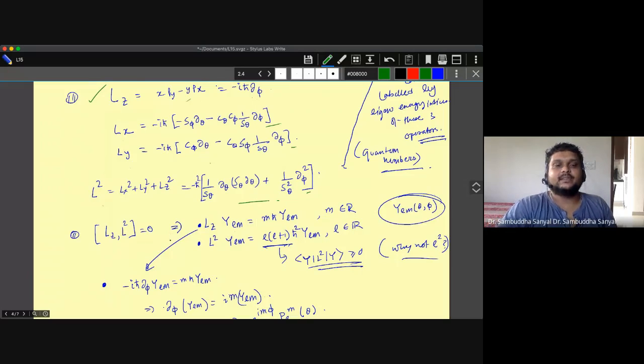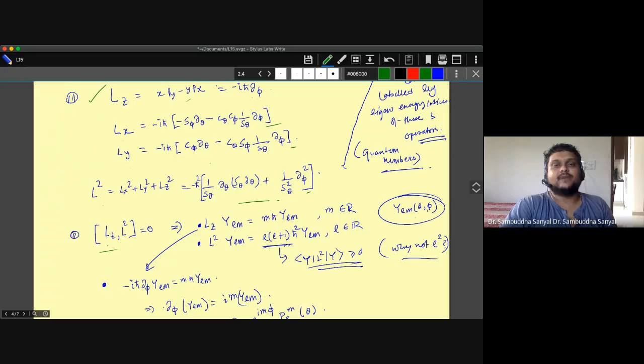Now let's start with this commutation relation. We notice that these two commute, which means they must have the same set of eigenstates, and they can be labeled by the eigenvalues of these operators individually. I write the common eigenstate of these two operators as Ylm.